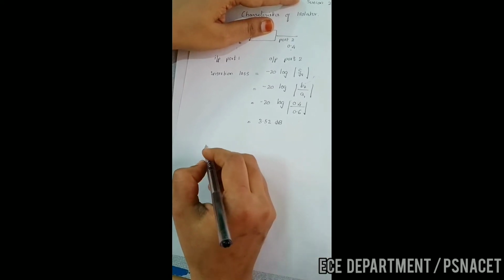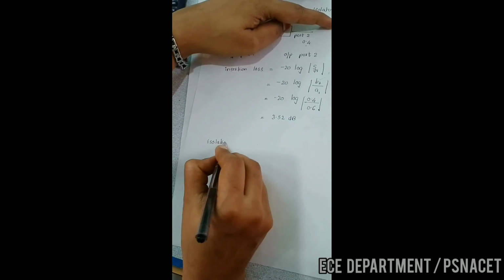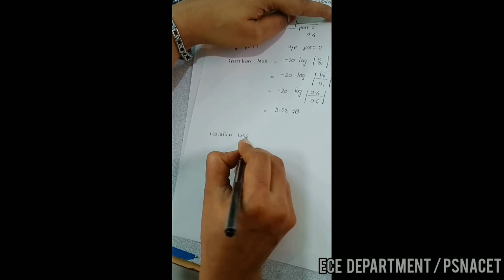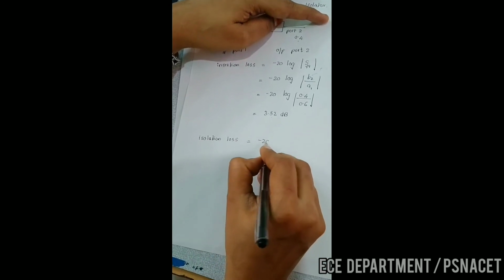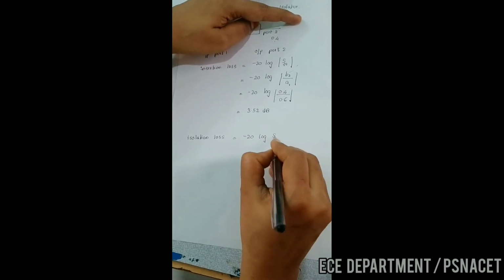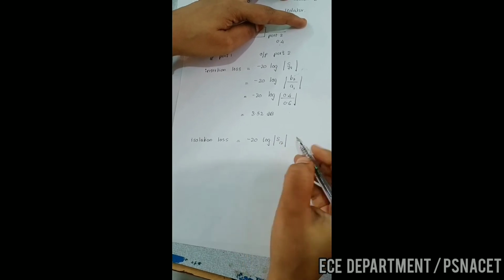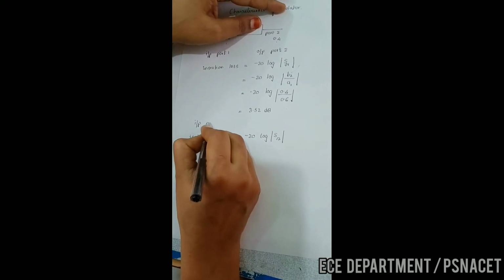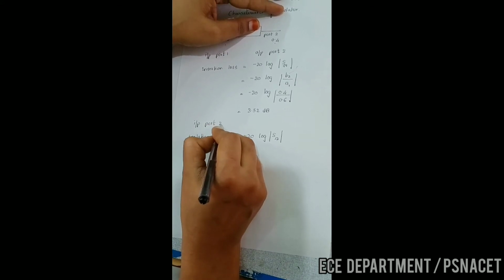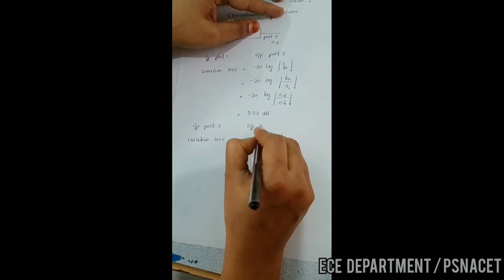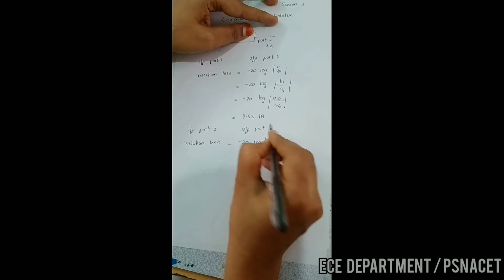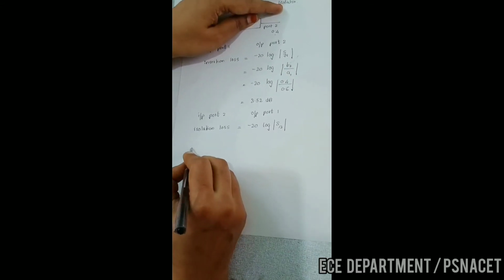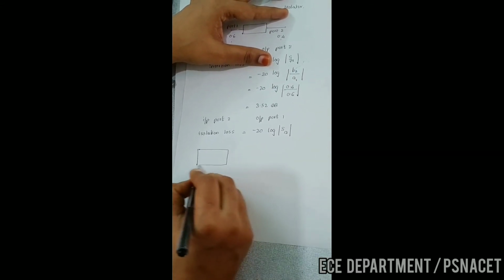Now we will see the isolation loss. Isolation loss is equal to minus 20 log S12. How do you get the S12 value? That is by giving the input at port 2 and obtaining the output at port 1. So you have the same isolator like this.